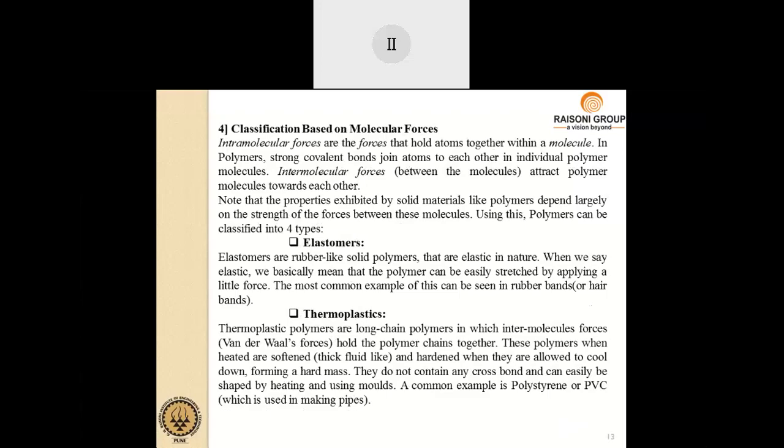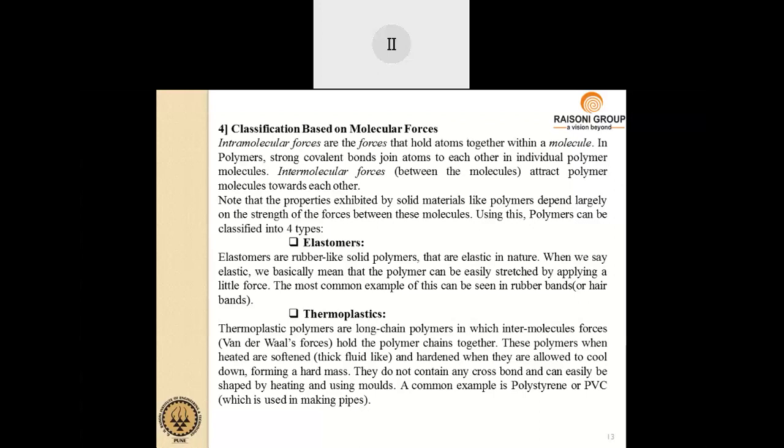Then the last one is classification based on molecular forces. Intermolecular forces are the forces that hold atoms together within a molecule. In polymers, strong covalent bonds join atoms to each other in individual polymer molecules.